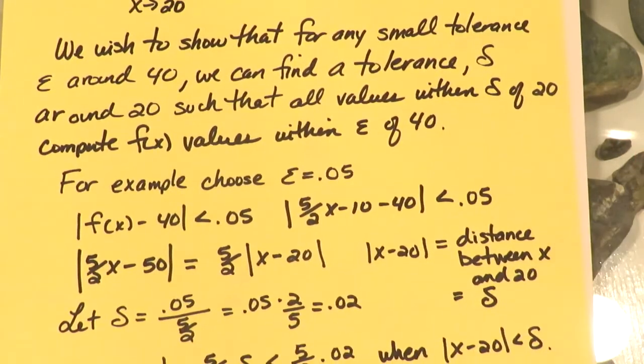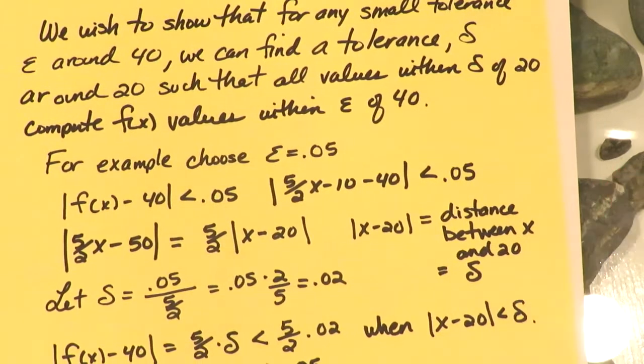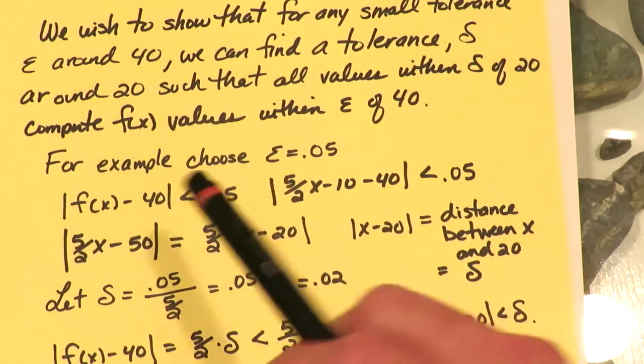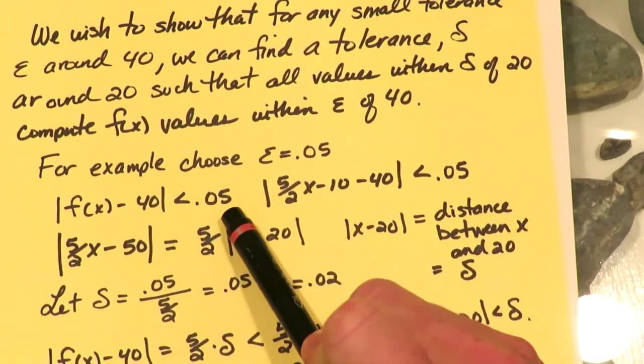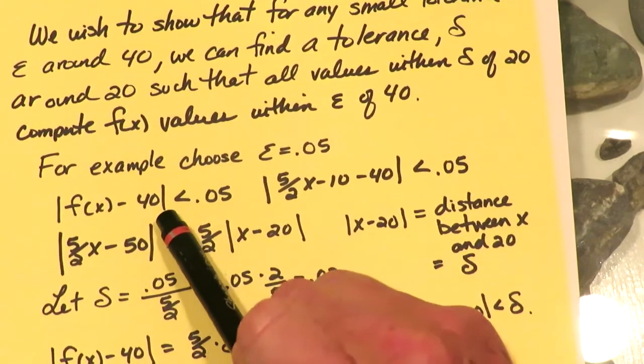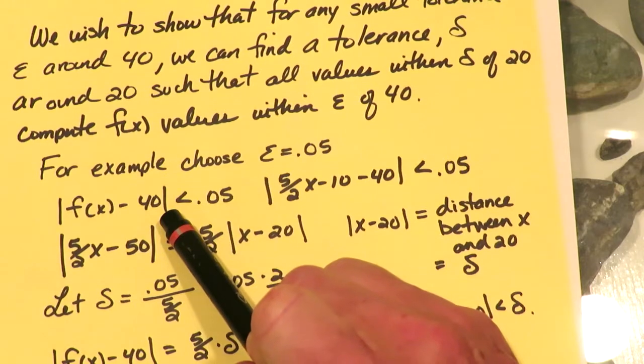For example, choose epsilon to be 0.05. I want to stay within 0.05 of 40. I don't want to go outside of 40.05 or below 39.95. So we're trying to keep the distance between our function and 40 less than 0.05. That's what absolute value really is.